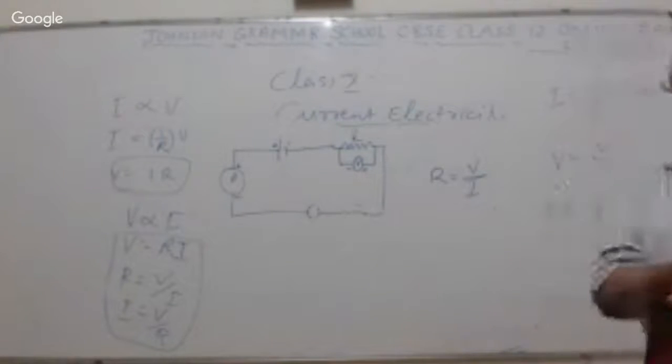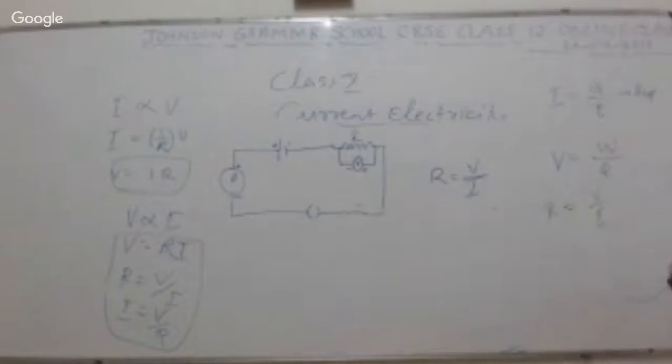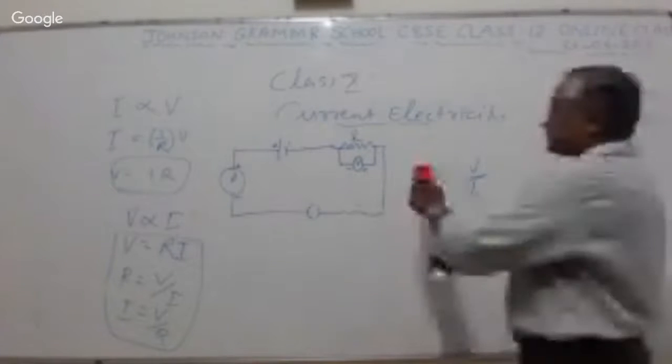How do we understand 1 ampere of current? It is a huge value of charge flowing through. So 1 ampere is nothing but 1 coulomb per 1 second. It means 1 coulomb of charge passing through a conductor in 1 second is what we call 1 ampere.